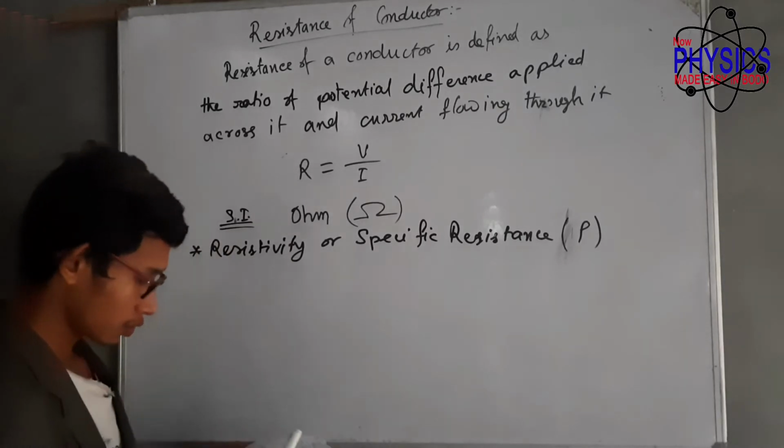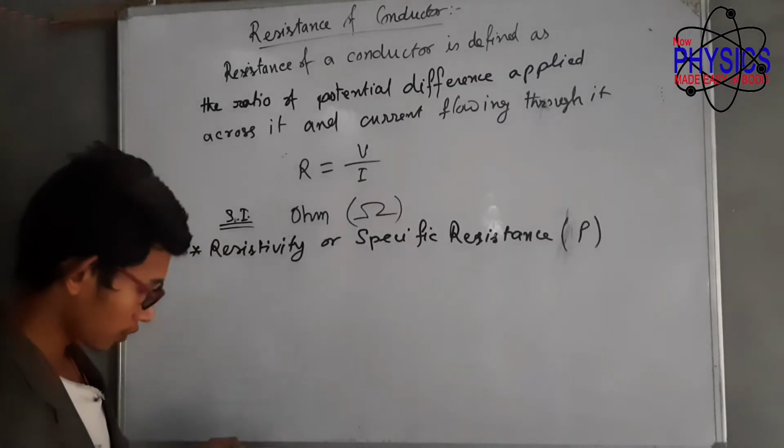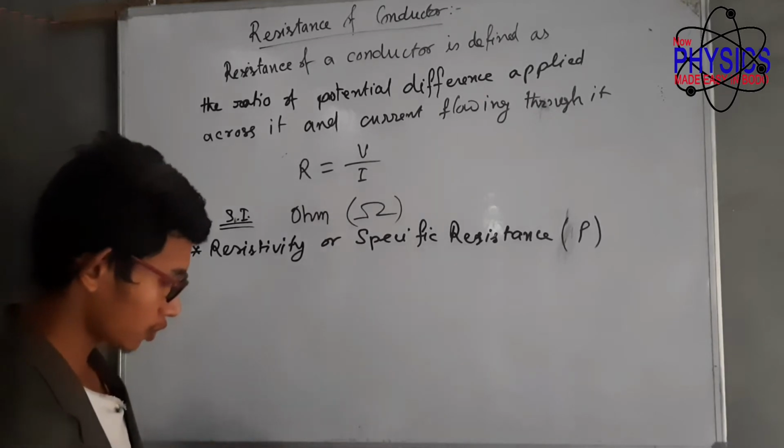So the resistance of a conductor is directly proportional to its length and inversely proportional to its cross-sectional area.